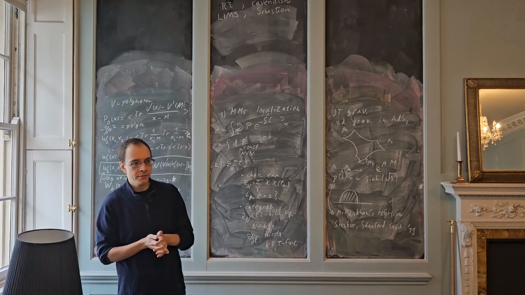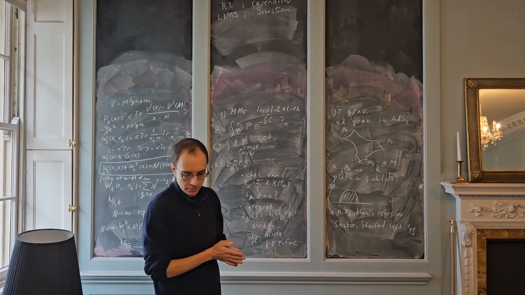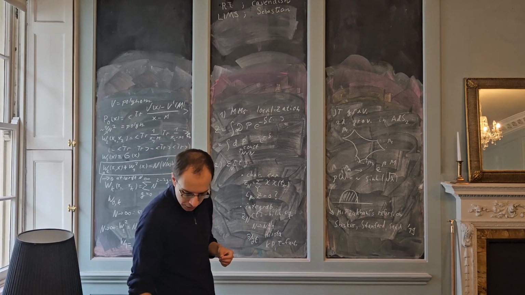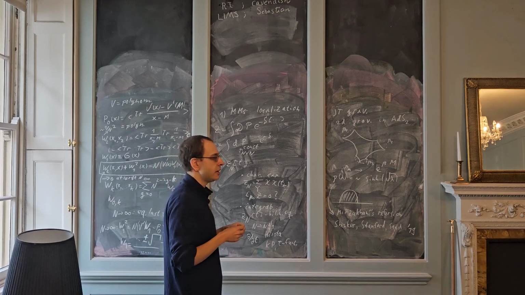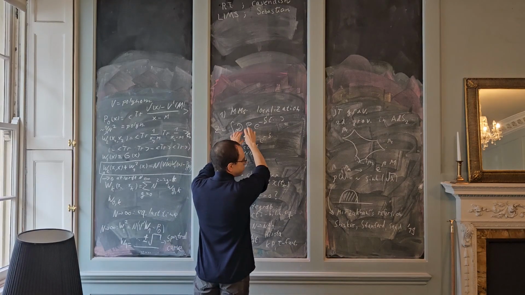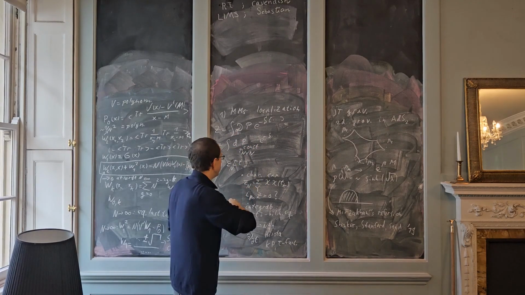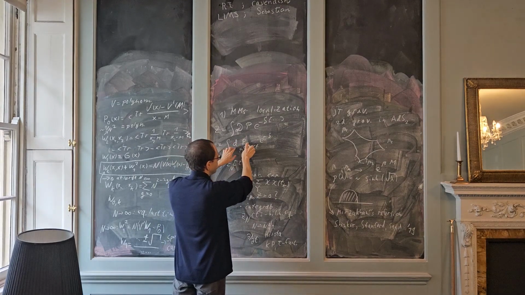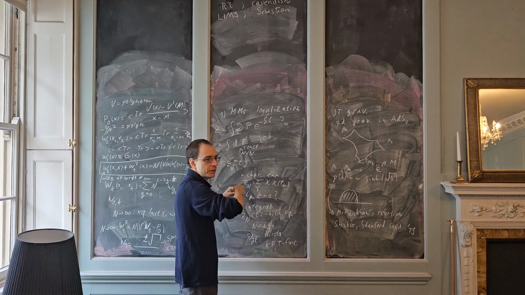So the localization question arises when people try to calculate the expectation value of, for example, a circular Wilson loop. Why is it called localization? Yes, because this very integral over a very large space of fields reduces to an integral over a very small space of just fields that are constant in space-time.